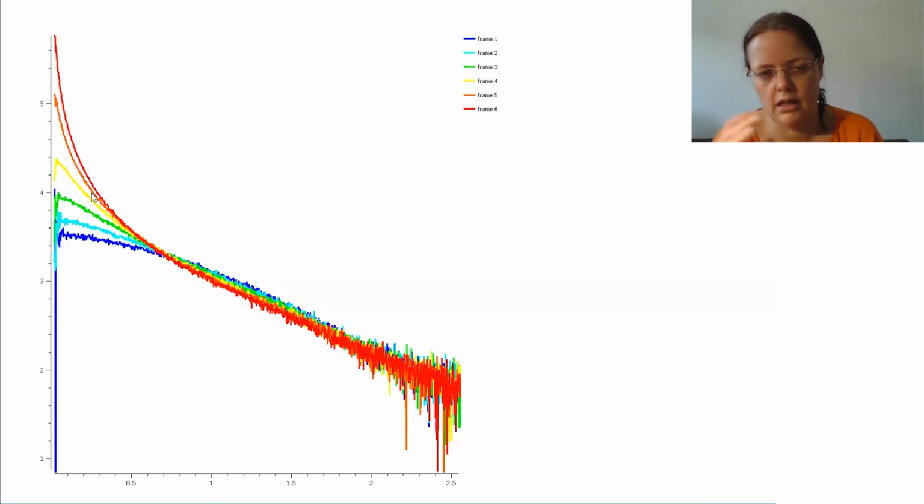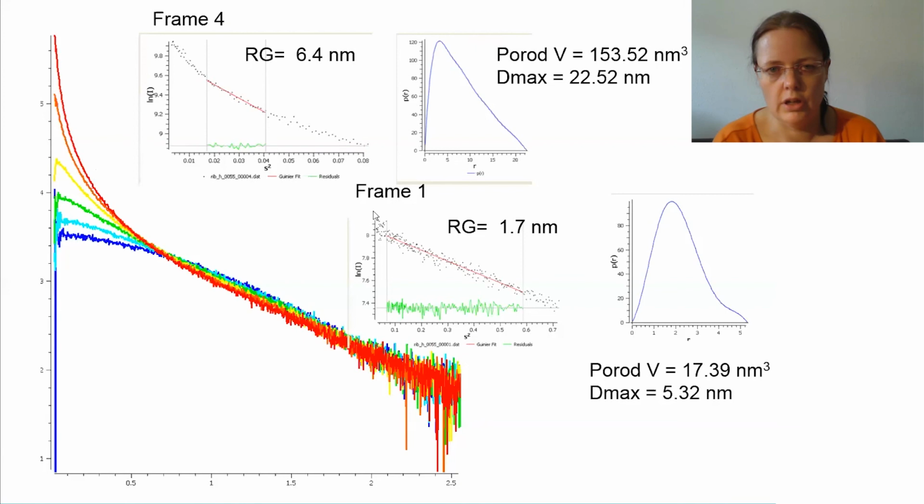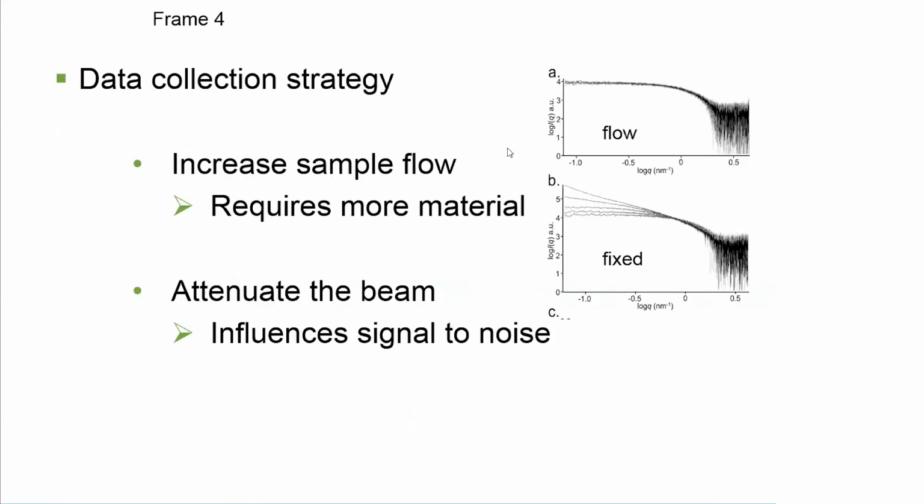These are the aggregates that are forming and are induced through the radiation damage. For example, for the dark blue, we have an Rg of 1.7 nanometers, and within 4 frames it has already increased to 6.4 nanometers. Of course, our Dmax values also show the change. So we have something very large in our sample after those first 4 measurements.